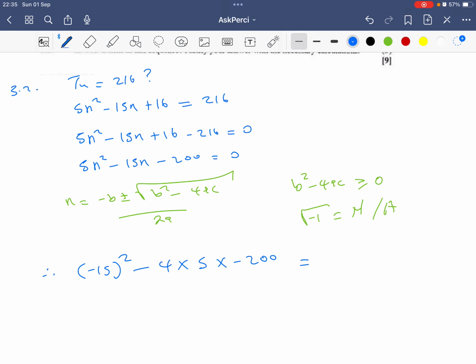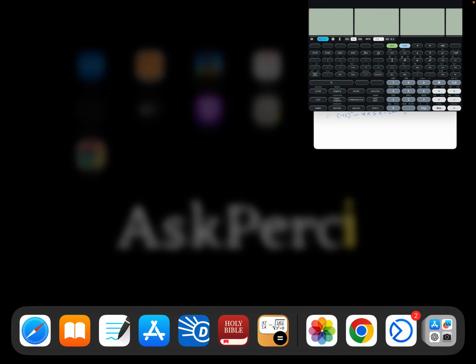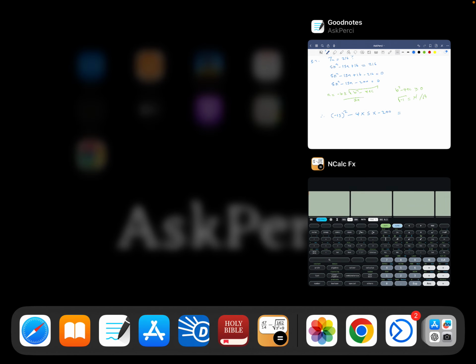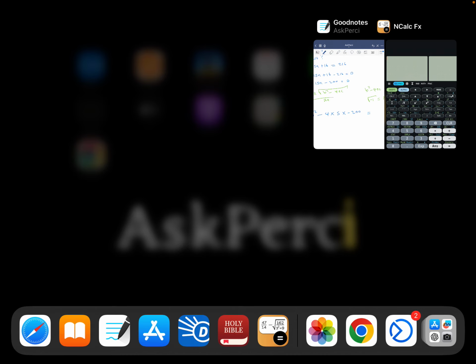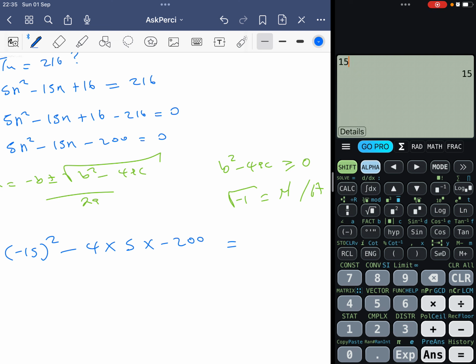Now punch this in your calculator and tell me what you get. Let me just get my calculator. All right, great. So 15 squared minus 4 times 5 times -200. I'm getting a positive number. It's a very positive number. It's greater than 0.